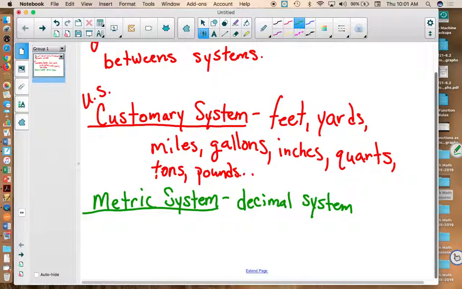But in countries where all they use is the metric, they can convert from liters to milliliters. If we're talking about measurement and we start dealing with our gallon, in order to convert through that gallon into pints and quarts, we have to know what?